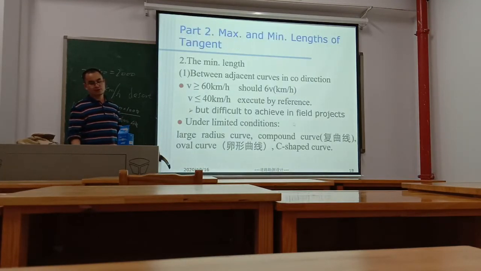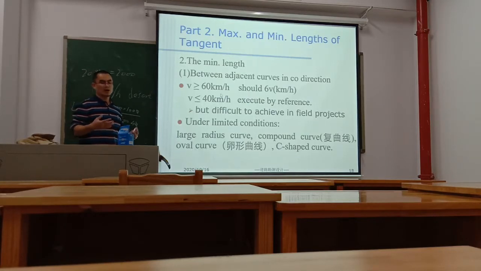What's difficult to achieve in a field project under limit conditions? Larger radius curve, compound curve, oval curve, C-shaped curve.